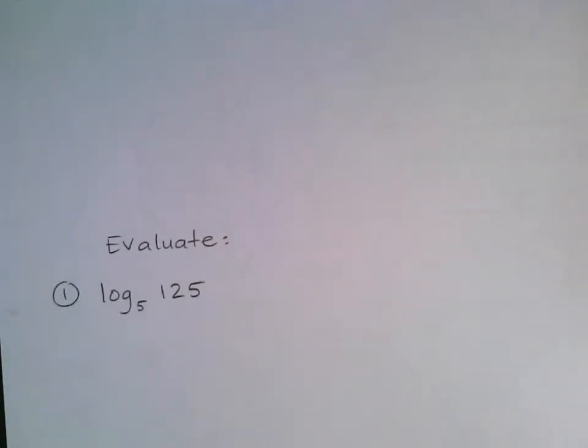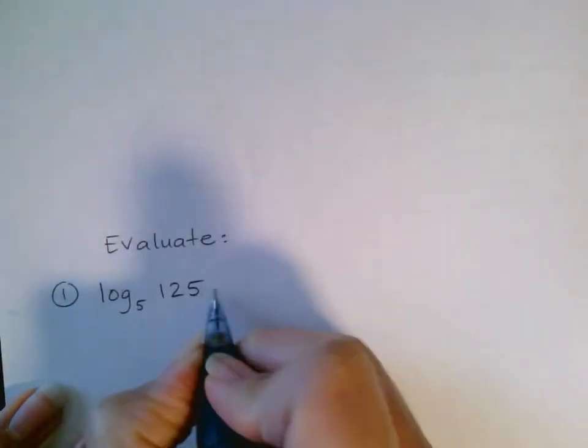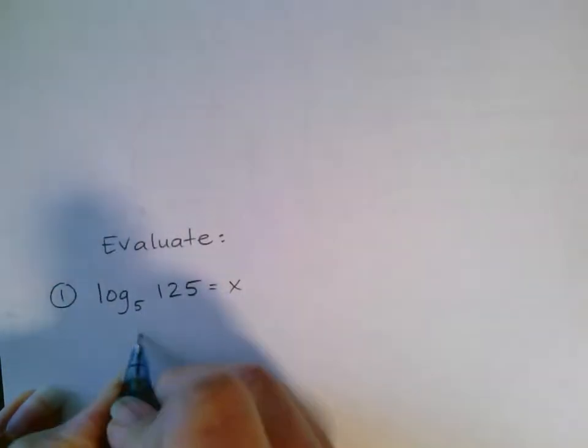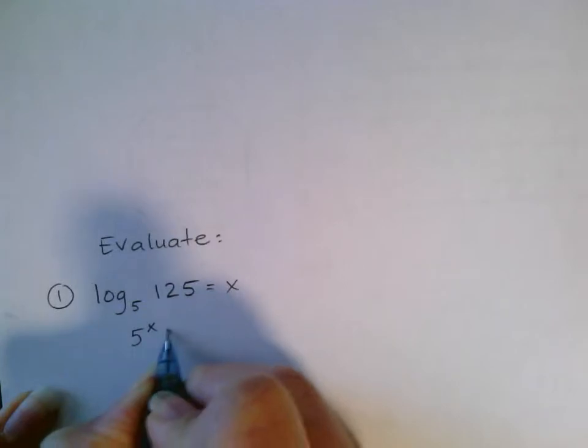So, you learned in the past that what we do is we rewrite these as an exponential, right? So since I need to figure out what log base 5 of 125 equals, I'm just going to set it equal to x and rewrite it as 5 to the x power equals 125.